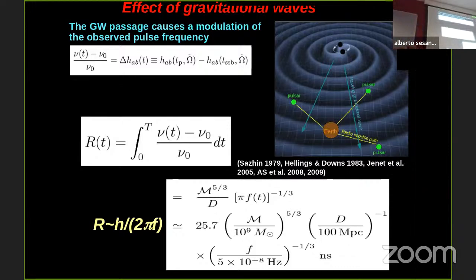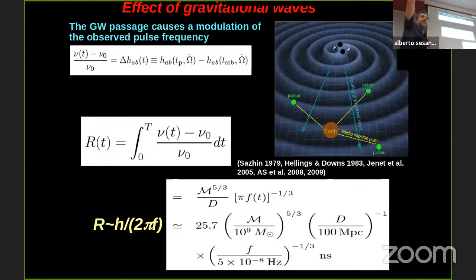Now, the frequency that I put here, the nanohertz frequency range, is determined by your observations. You time pulsars for many years, so the minimum frequency to which you are sensitive is the inverse of the observation time. And you don't continuously stare at the pulsar, right?